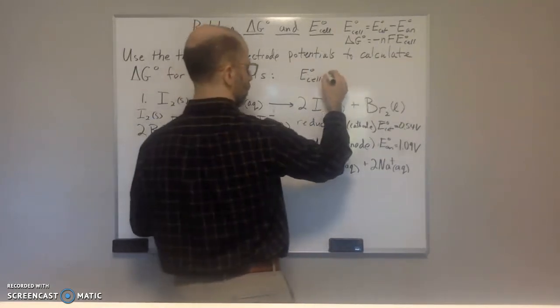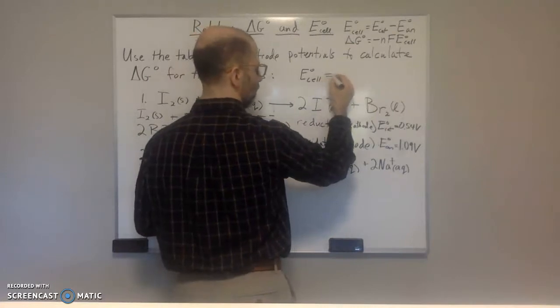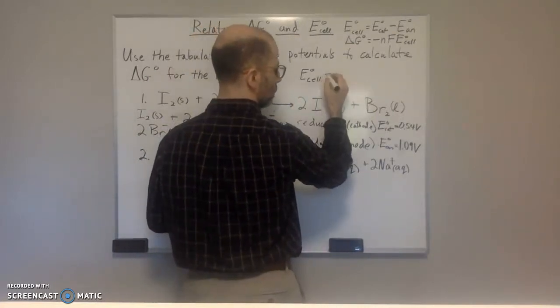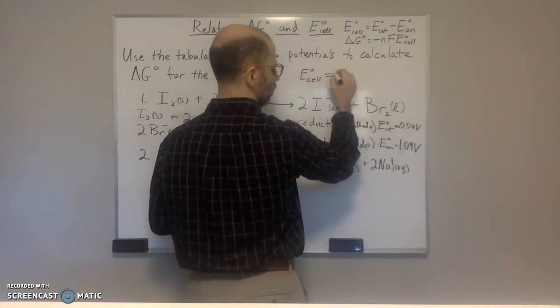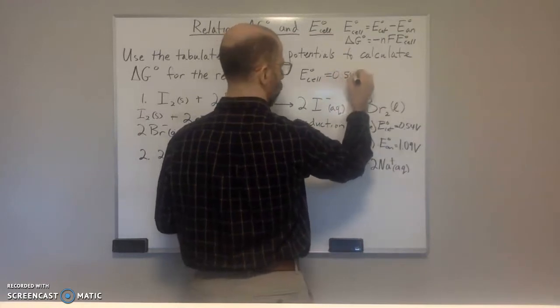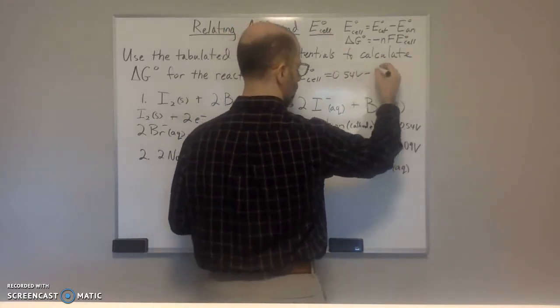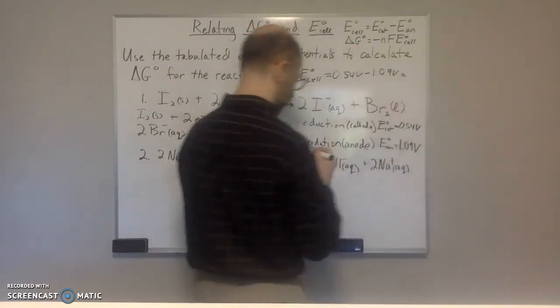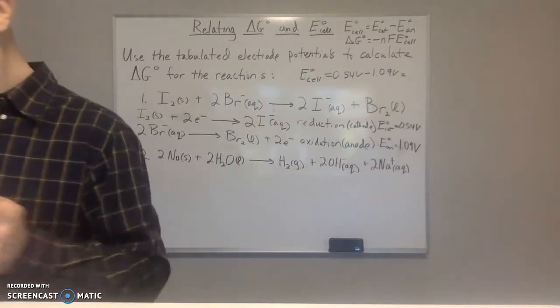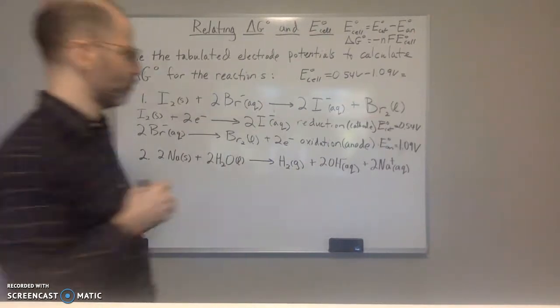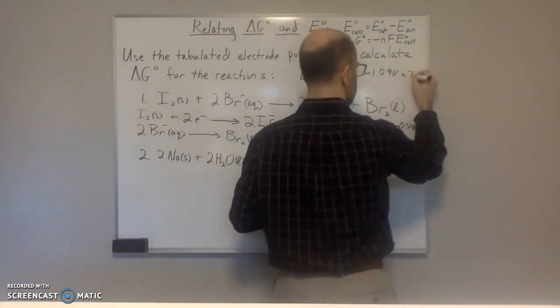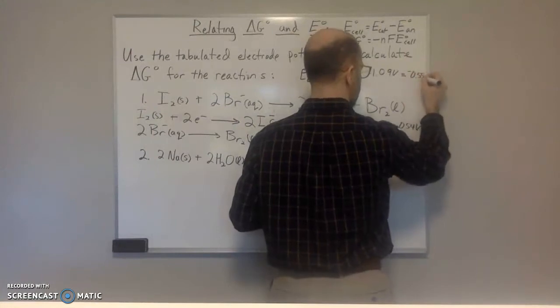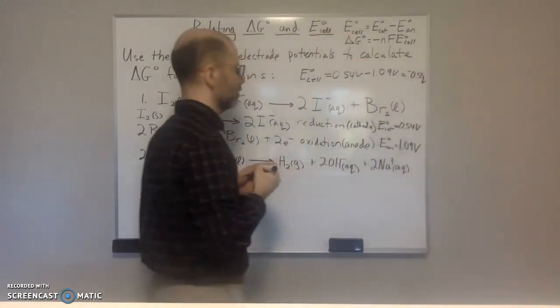So the electric potential of the cell is equal to the cathode minus the anode, which is 0.54 volts minus 1.09 volts. And that's going to give us negative 0.55 volts.